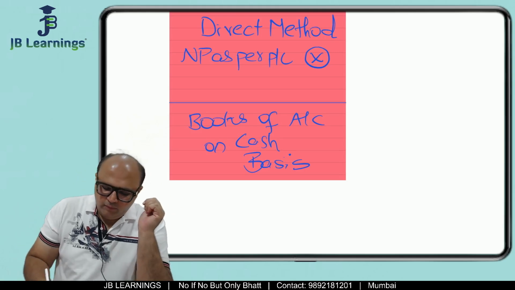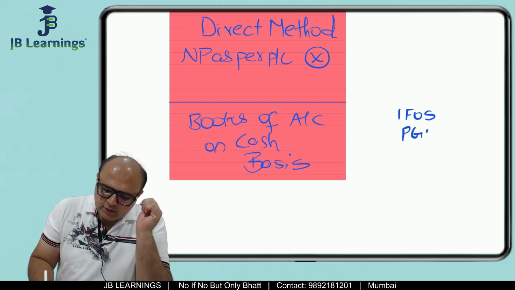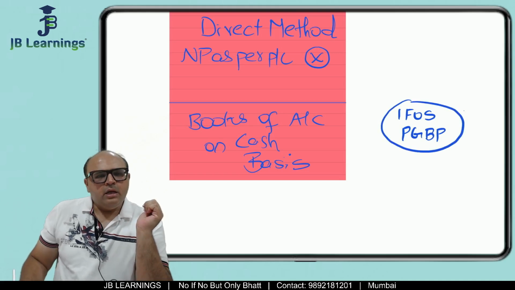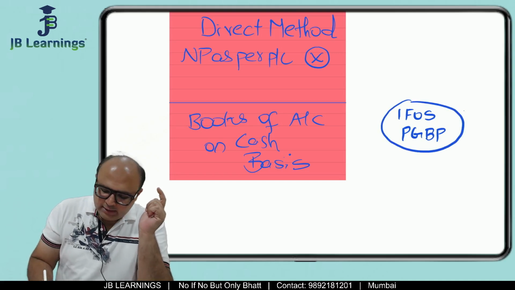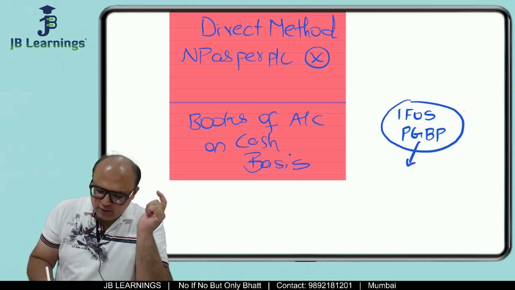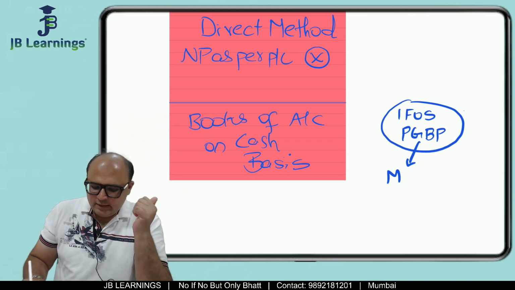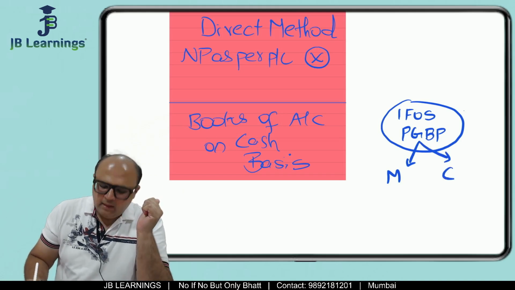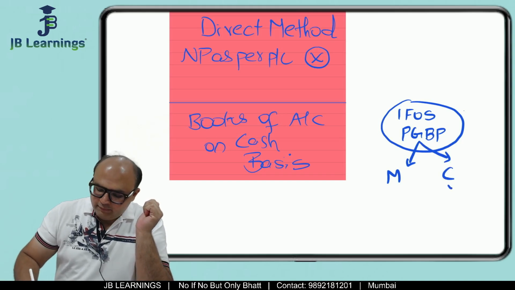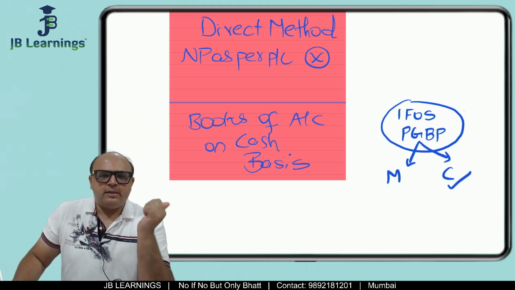Friends, we all know that in income from business, which is PGBP, the assessee has an option. The assessee can maintain the books of accounts either on mercantile system of accounting, which is normal due basis, or cash basis. Now in this question they have given that the accounts are maintained on cash basis.